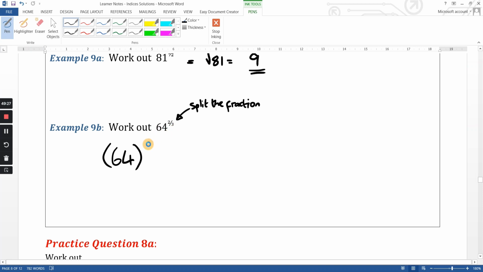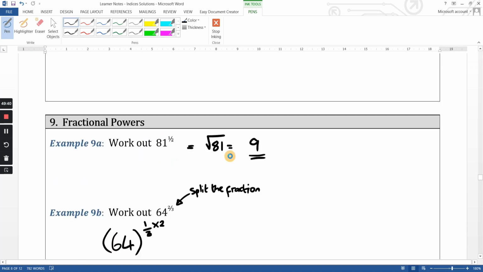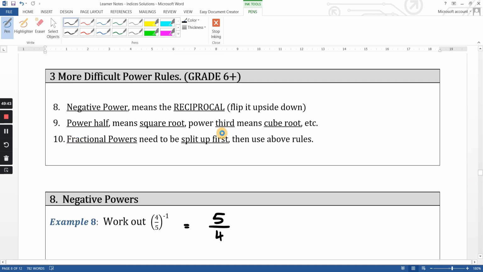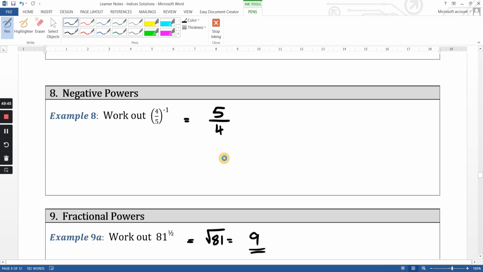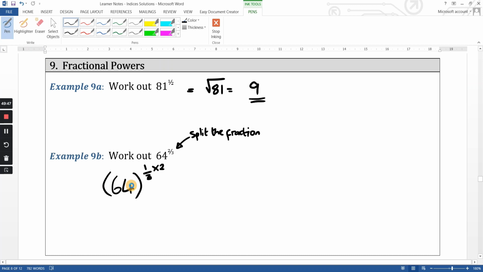Well, 2/3 is the same as 1/3 times 2. Now power third, we've seen that before. Power third means the cube root.